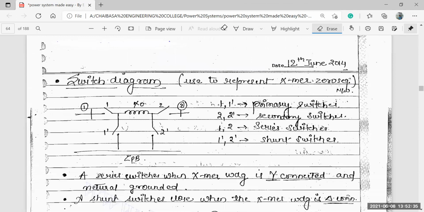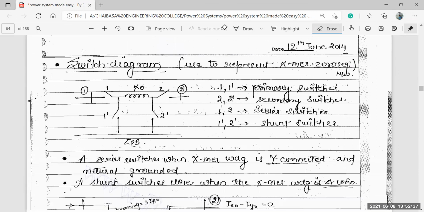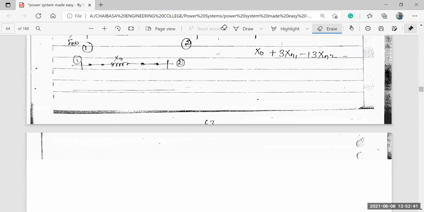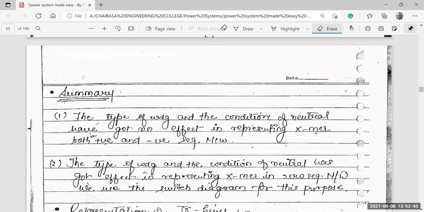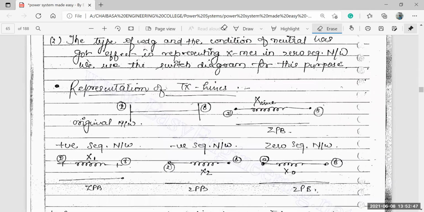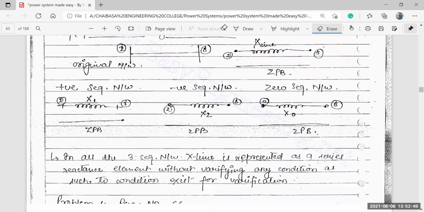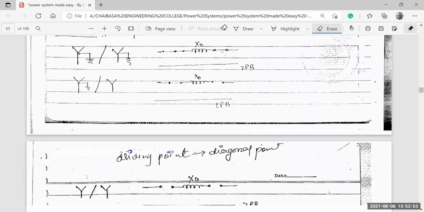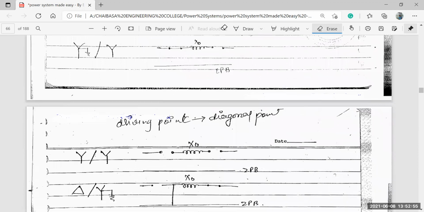We'll see what things we could do in this class. The first is your switch diagram, which is very necessary. Then representation of transmission line, we will also talk on this. Again, here is the driving point, diagonal point.